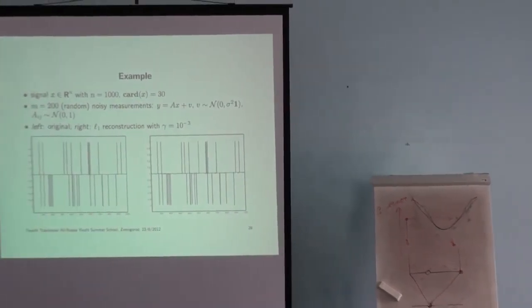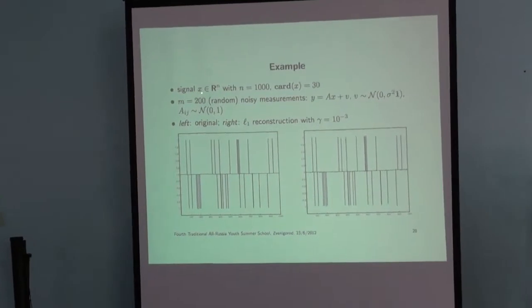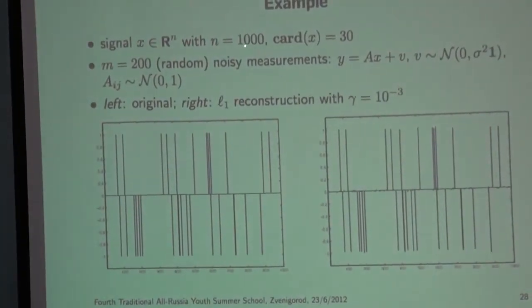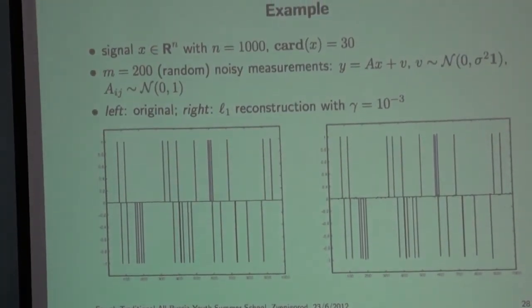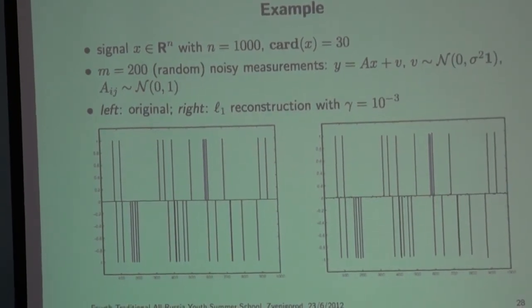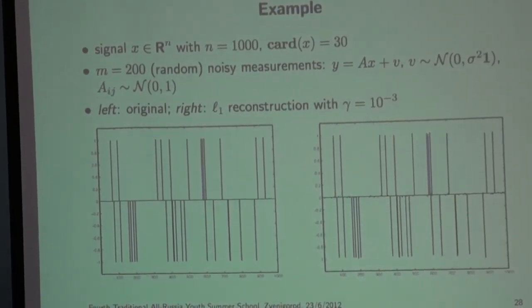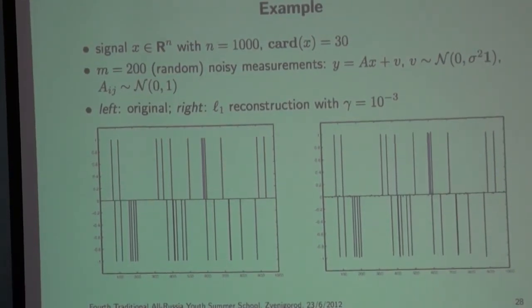But look at this. I have a signal that has 1,000 elements in it, but I know that only 30 are non-zero. But I don't know which 30. That's the problem, right? And for the record, 1,000 choose 30 is a very big number. Okay. So I have 200 noisy random measurements of it, and I want to estimate X.